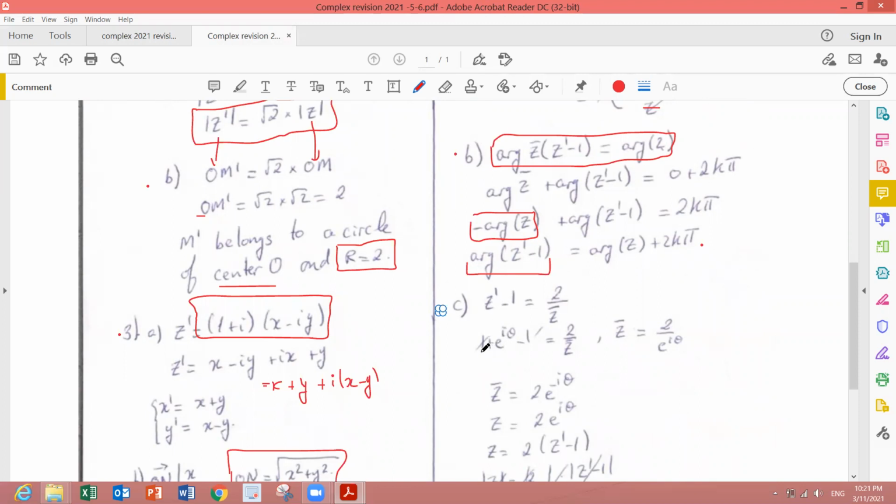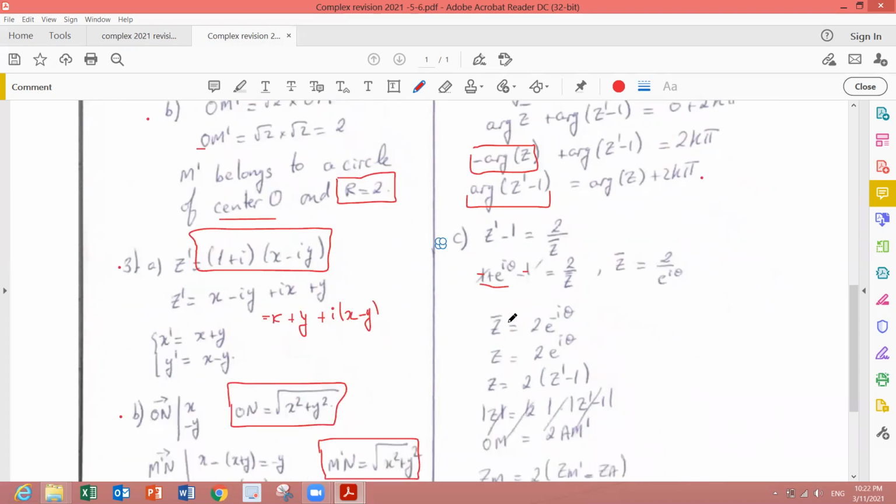Z prime is 1 plus e to the i theta, minus 1 equals 2 over Z bar. 1 minus 1 is 0. So Z bar equals 2 over e to the i theta. So Z bar equals 2e to the minus i theta. I put it in the numerator. So Z equals 2e to the i theta.